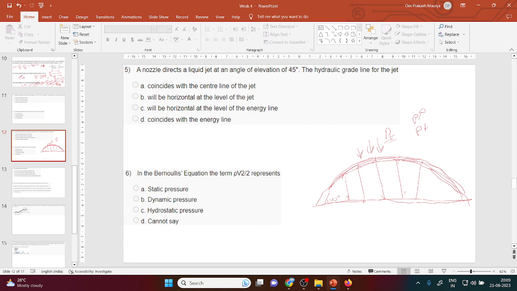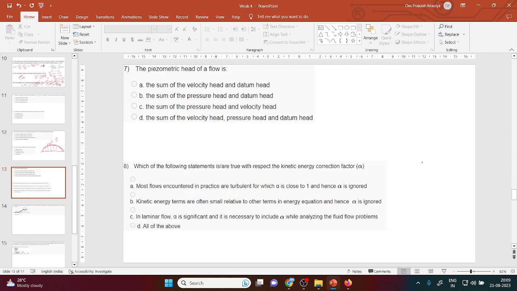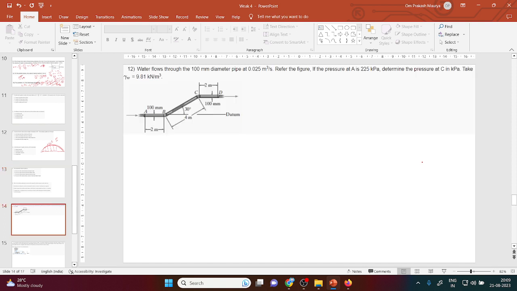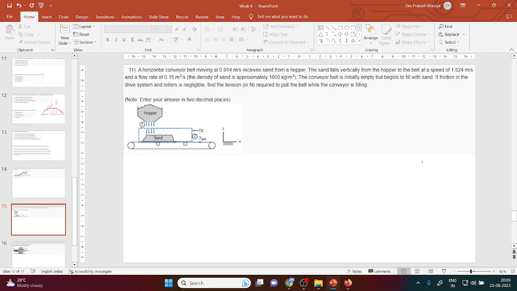Okay, sir. Now moving on to the next slide. Piezometric head. This is a similar question. Kinetic energy correction factor: you can go through some lectures and your book, go through some derivation, and definitely you will get some clarification on that. Now moving on to this question. Some question is also there.